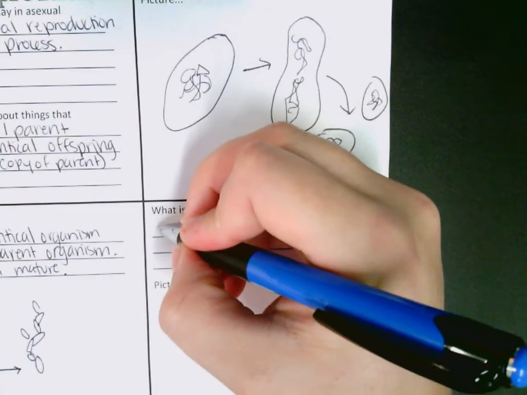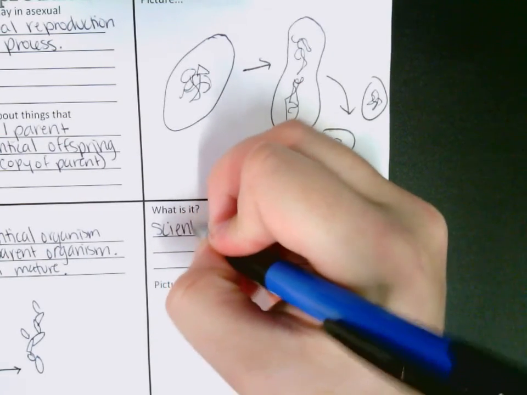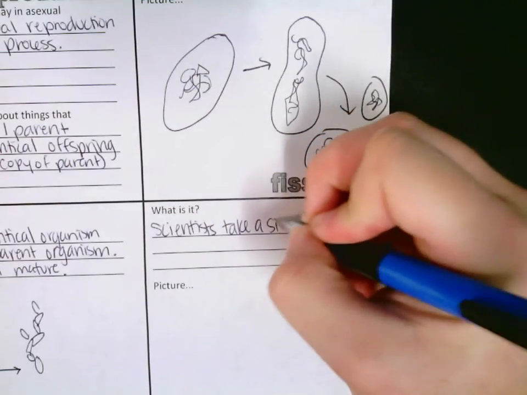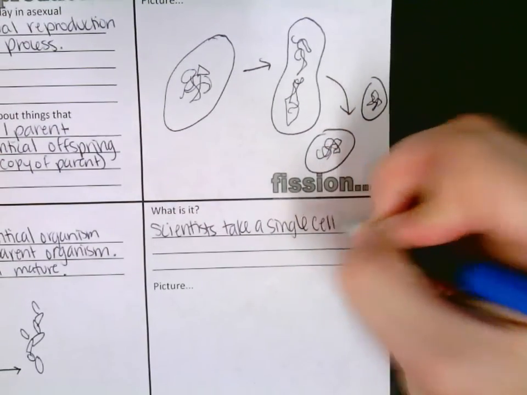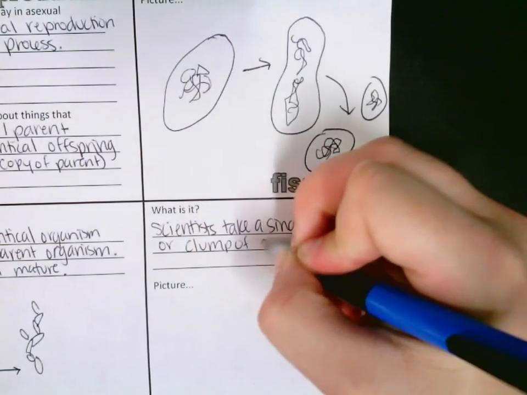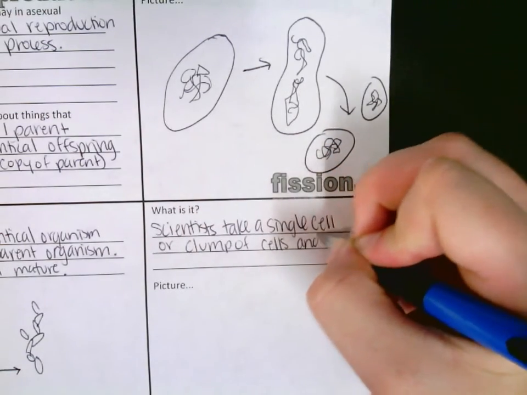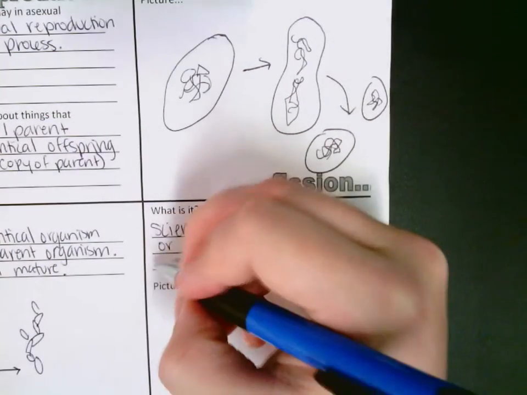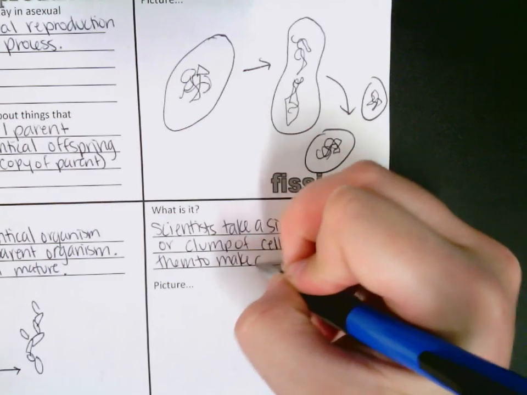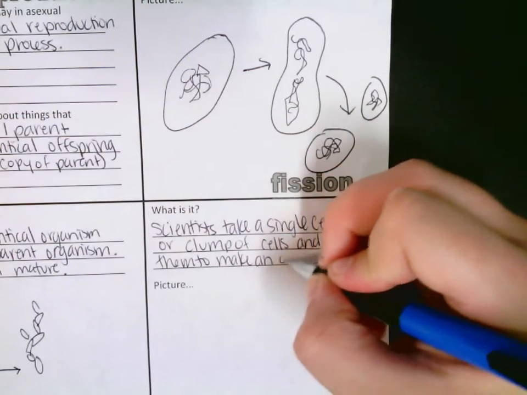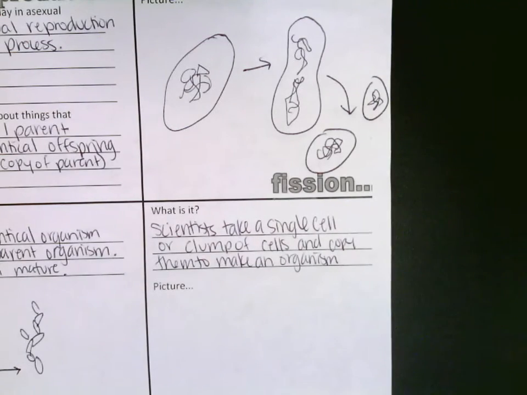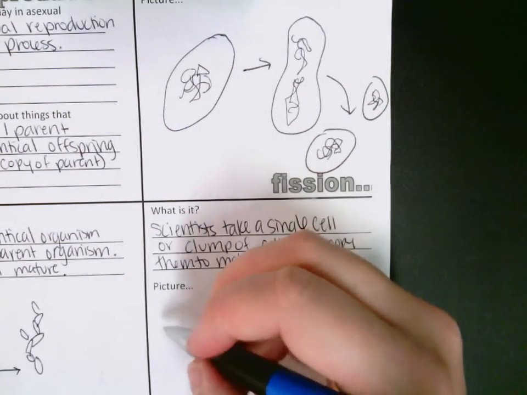Cloning is simply where scientists take a single cell or clump of cells and copy them to make an organism. An example of this that was used in your book is a tissue culture.